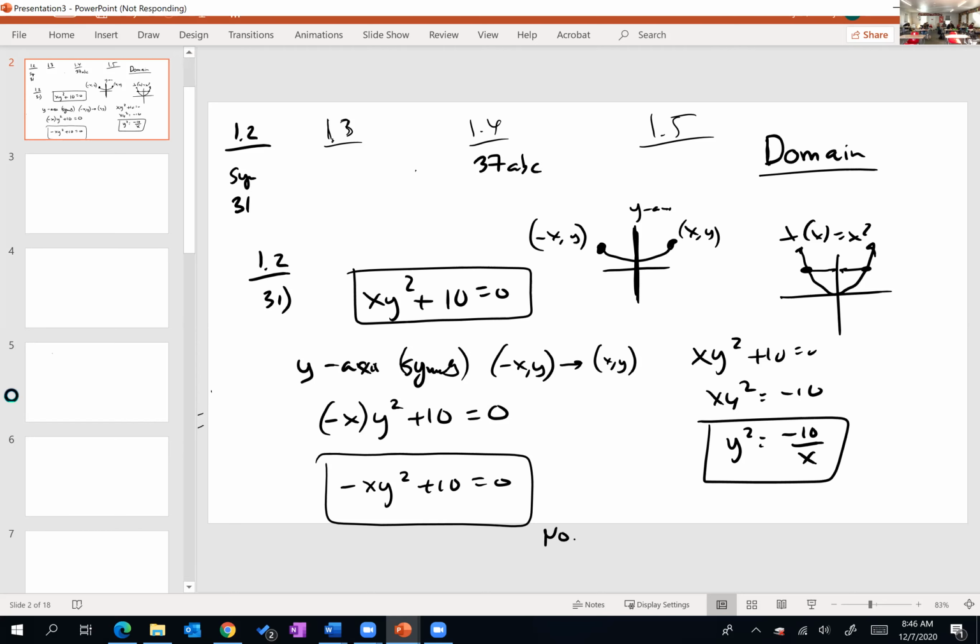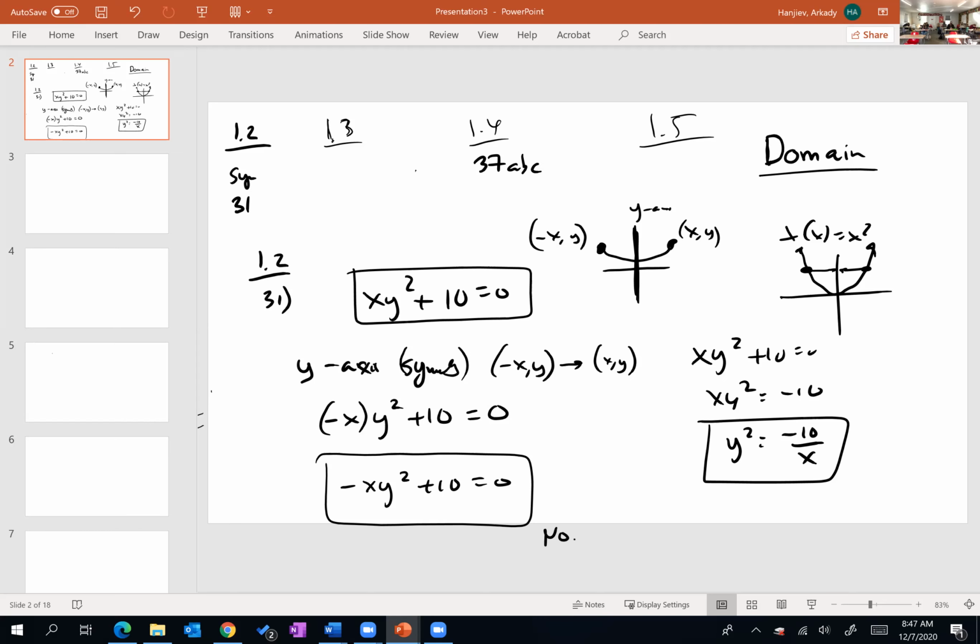Okay, Abe. Not to steer you in the wrong direction. X-axis symmetry. It does say x-axis symmetry. Just 1 second here. Abe, real quickly here.